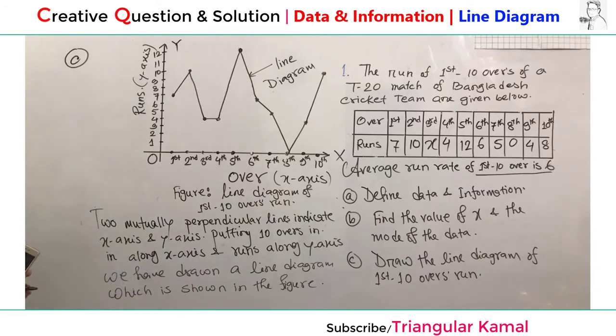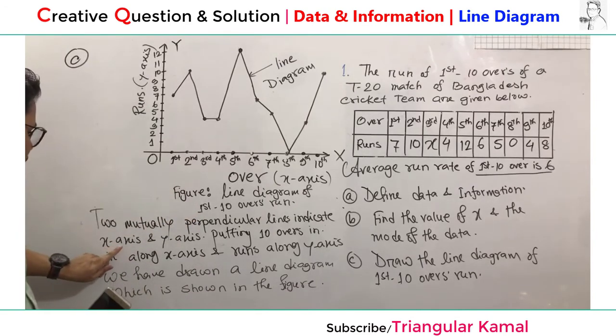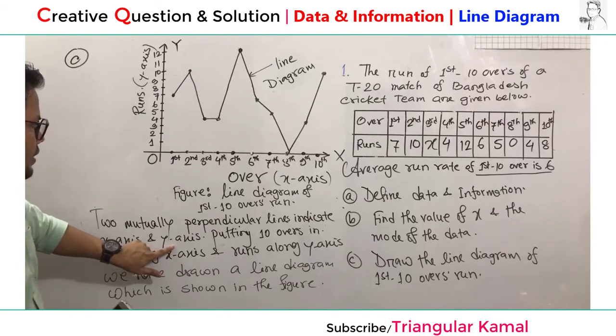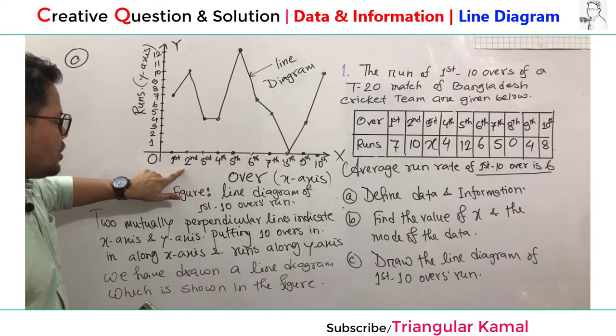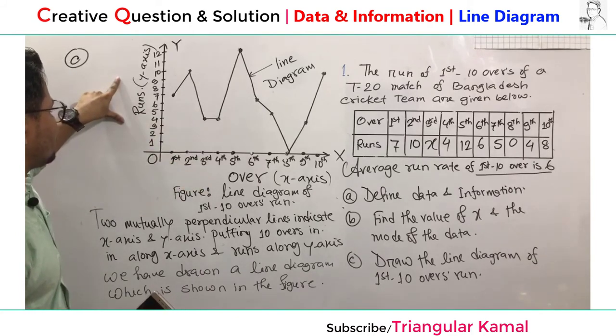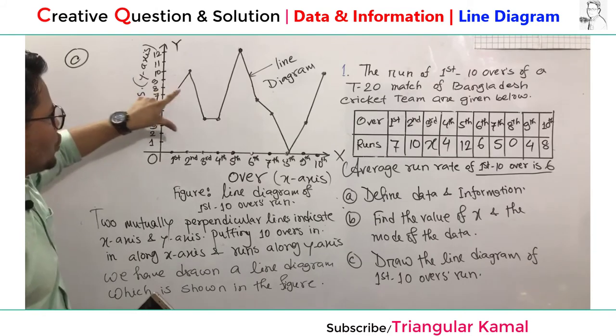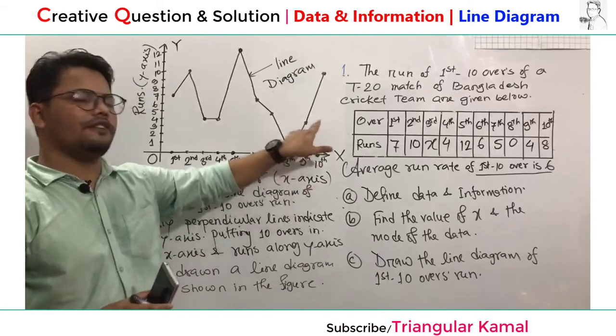So dear students, two mutually perpendicular lines indicate the x-axis and y-axis. Putting all up to 10 overs along the x-axis and the runs against them on the y-axis, we have done a line diagram which is shown in the figure.